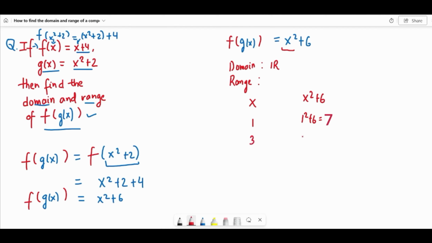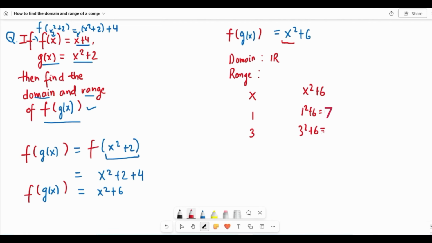In that case, x squared plus 6 will be 3 squared plus 6. That is equal to 9 plus 6, that is 15. I can take it to be even 2.5. In that case, 2.5 squared plus 6 will be equal to 6.25 plus 6, that is 12.25.